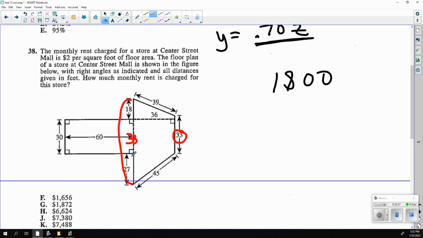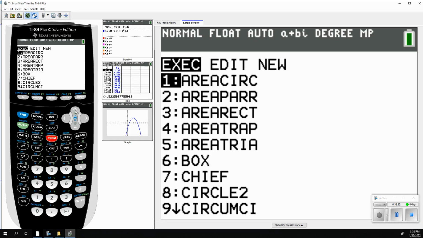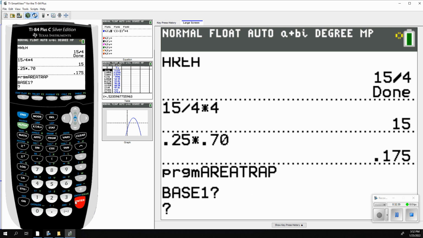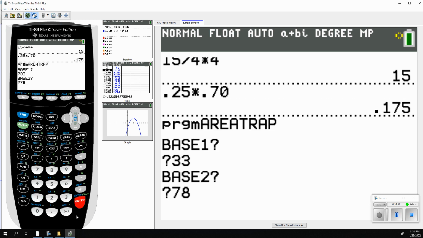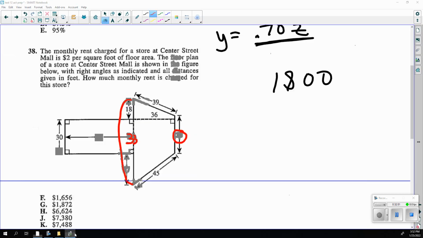So the other base is going to be, I think that's 78. So area of a trapezoid. The bases were 33 and 78. Boy, I'm glad I got this program. And the height was 36.